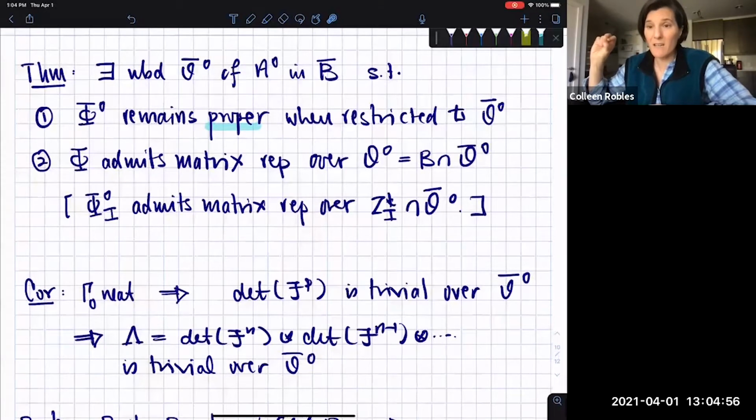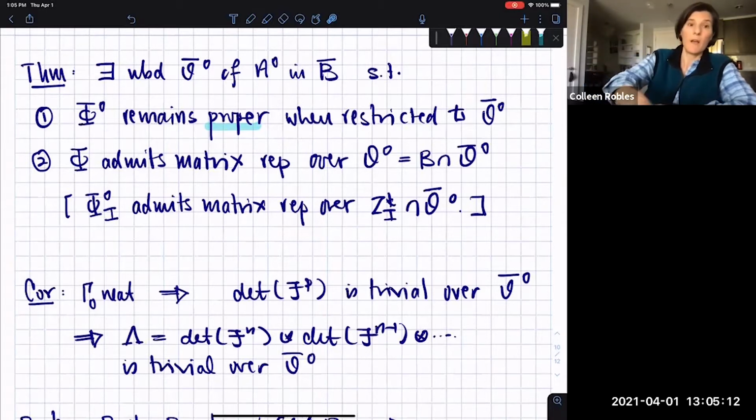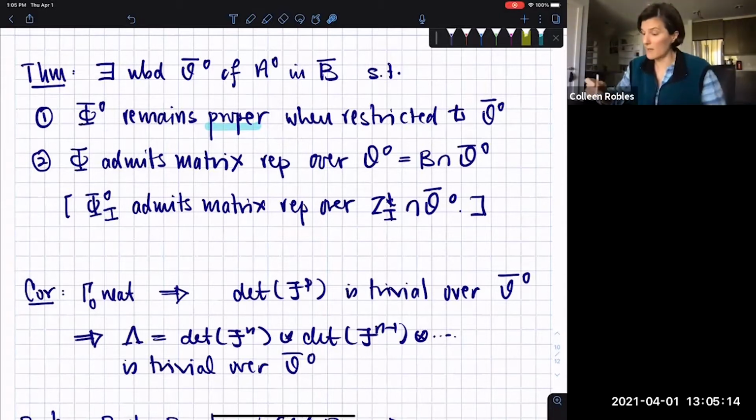And I'll forget to say connected component and just call it a fiber, A naught. And so we get a period matrix representation in the neighborhood of that point. And the extended period map, and so in particular the period map itself, remains proper when restricted to where it's defined.